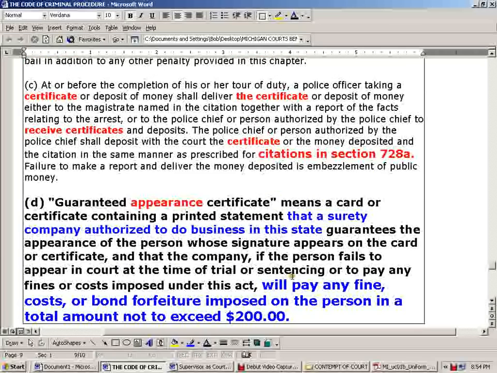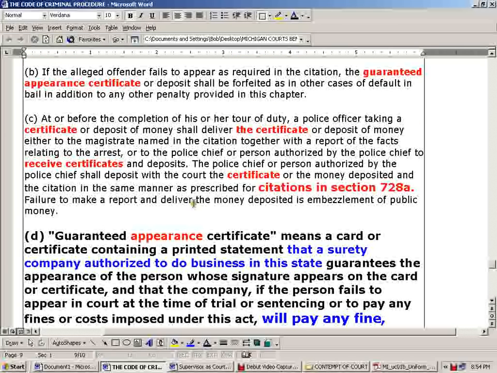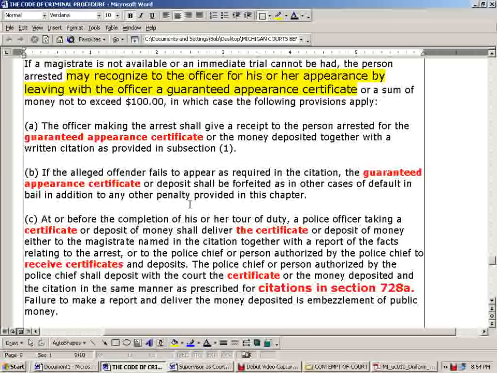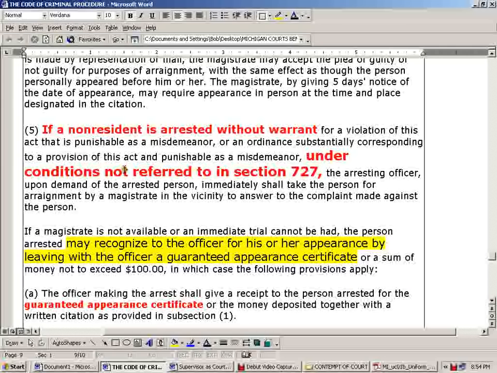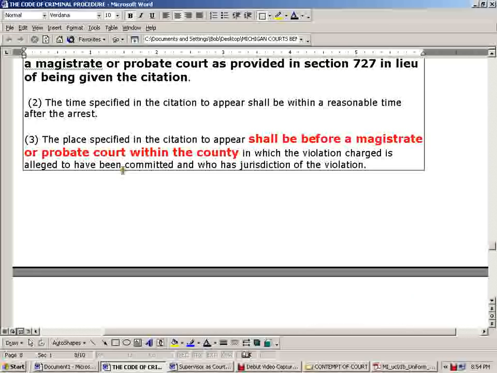So you can have one of these guaranteed appearance certificates from a surety company who's going to guarantee that you show up, so they don't haul you off to jail. This was supposed to be for a non-resident. I think that's what it said.